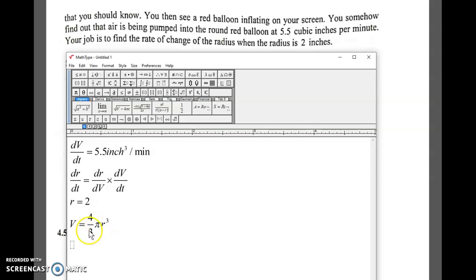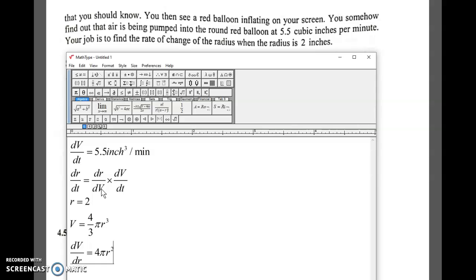Of course, we are going to take the derivative of this equation, and dV over dr gives us 4 pi r squared. So basically the formula gives us dV over dr but not dr over dV. It is the other way around.